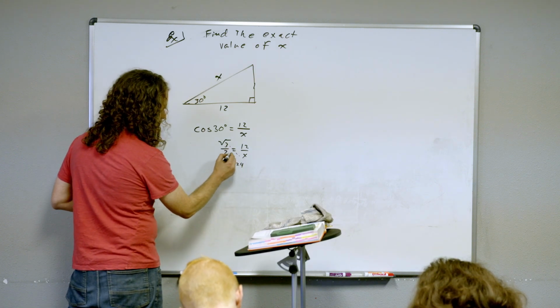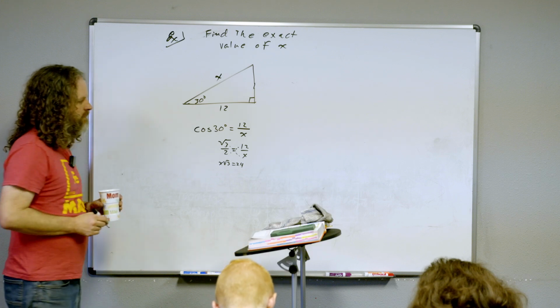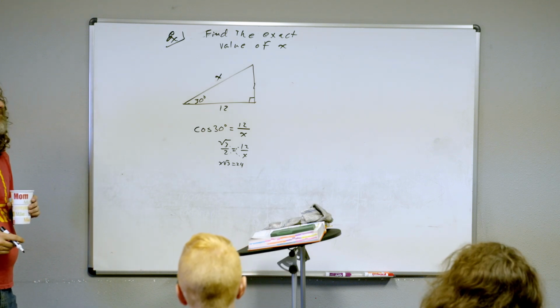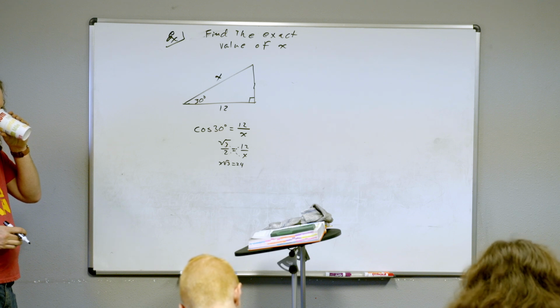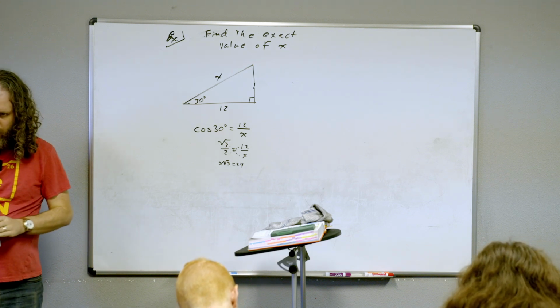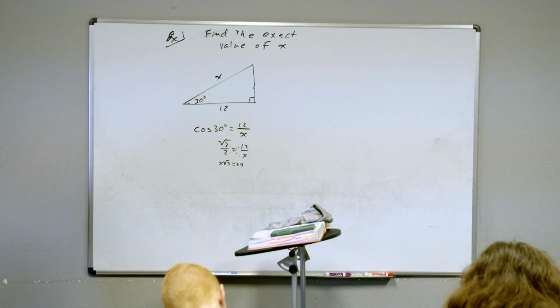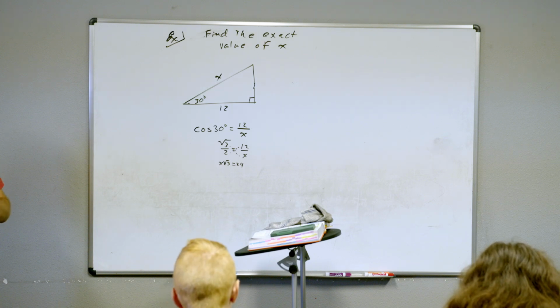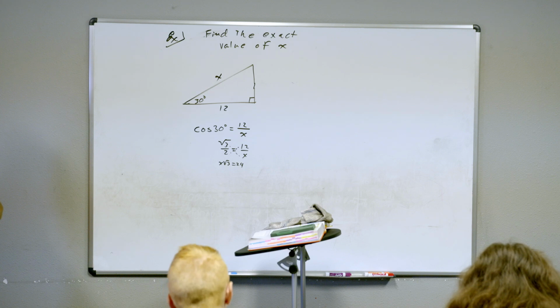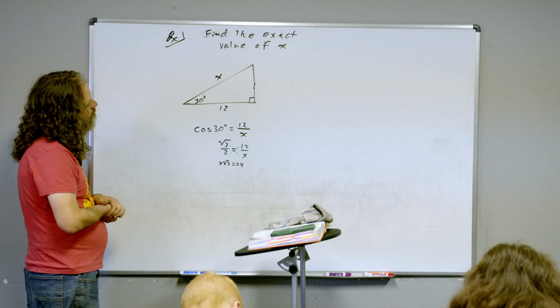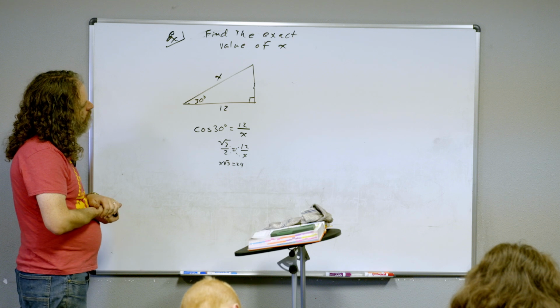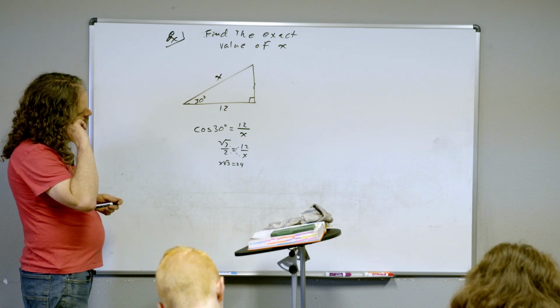Cross multiply. Okay, I'll wait. Cosine of 30 degrees, I was looking at the wrong thing. You may have been looking at 60 degrees. Yeah. Okay, so it's 12 times 2 is 24, square root of 3.